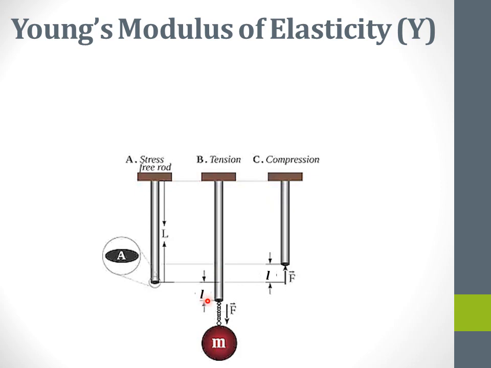Therefore, small l is a change in length due to the action of the tensile force F. On removal of the load, the wire undergoes a compressive stress and tries to go back to its original length.